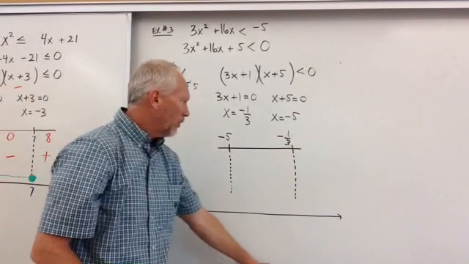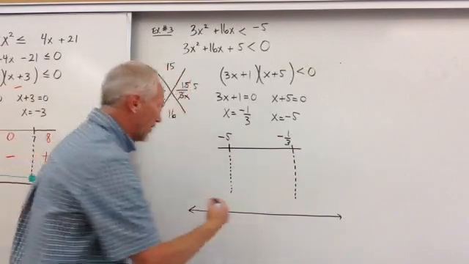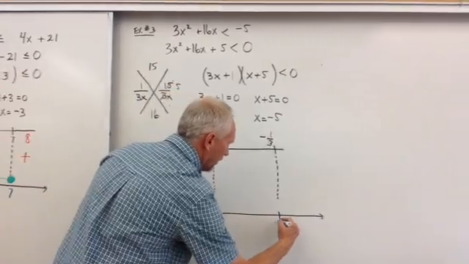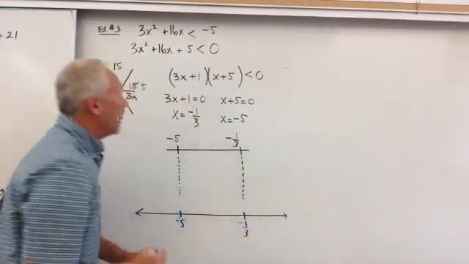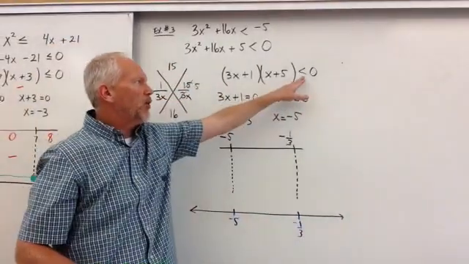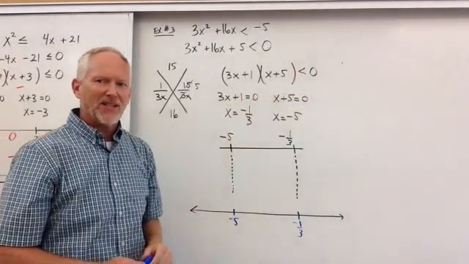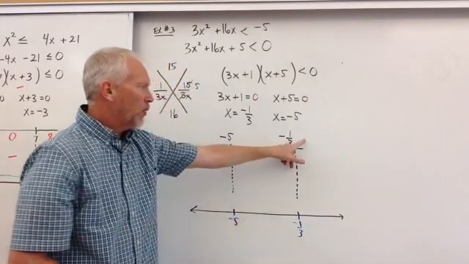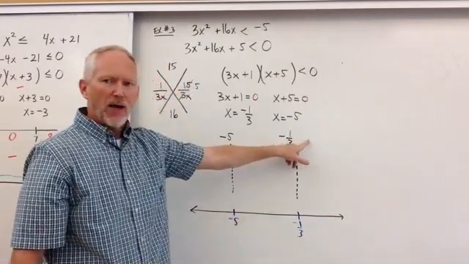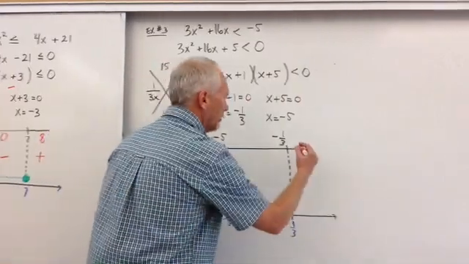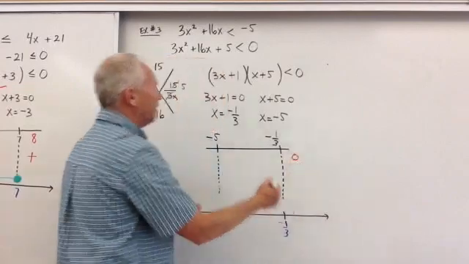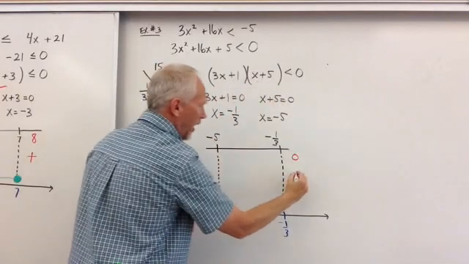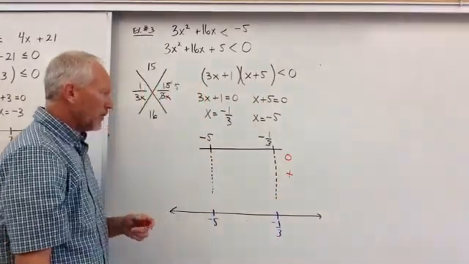So now I'm going to test those values. I'm going to come down here: negative 5, negative 1/3. In this case, it's not equal to, but I want to know where it is less than 0, so I have to choose some values. The next obvious value over here would be 0. If I plug 0 in, that's going to be 0 plus 1, 0 plus 5, which is a positive value.